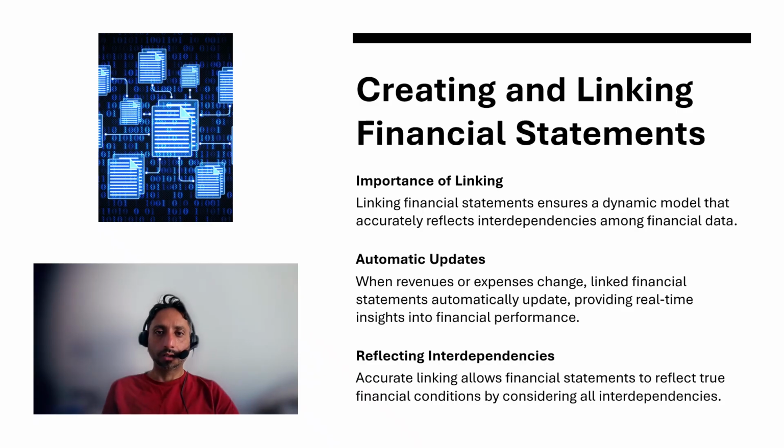So if there is change in the expenses, then as a result of that, the net profit or the operating profit is immediately affected. And when that is happening, then those changes shall also reflect in the financial model.